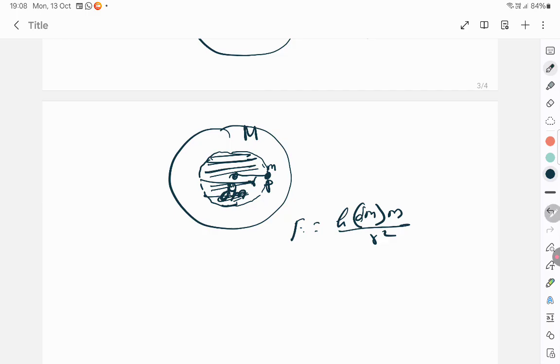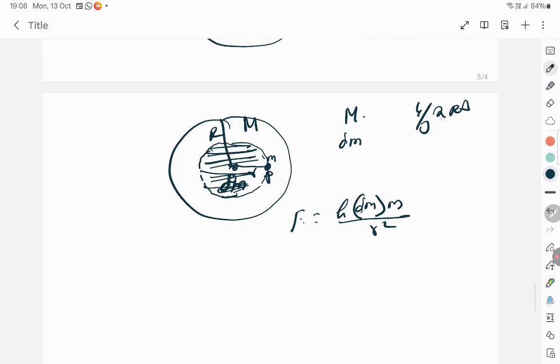What is that dm? Capital M is the mass for 4/3 pi capital R cube, the bigger volume. Then dm is a smaller mass interior, which is 4/3 pi small r cube. Do it like this, the unitary method. Just cross multiply.